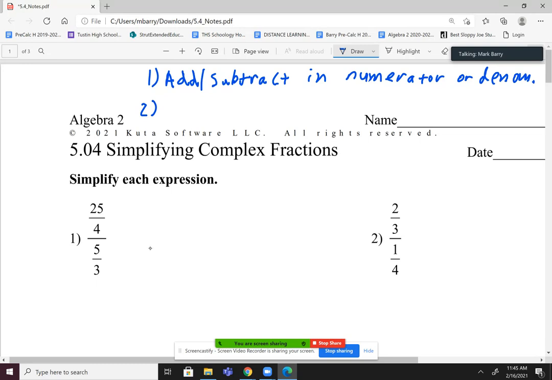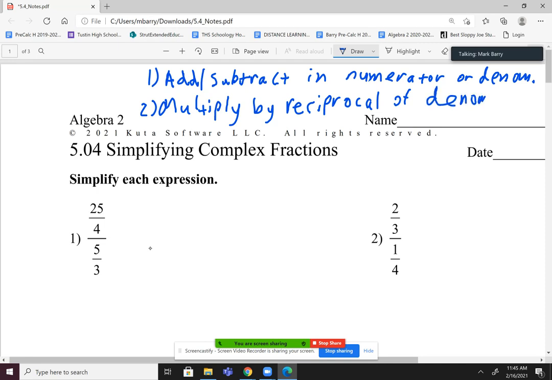So then step 2 is multiply by the reciprocal of the denominator. Multiply by the reciprocal of the denominator, all right?